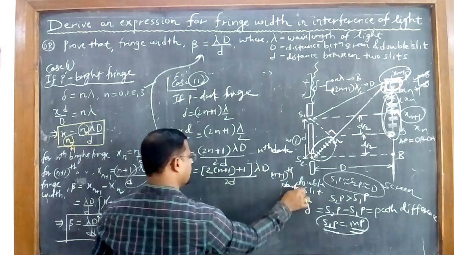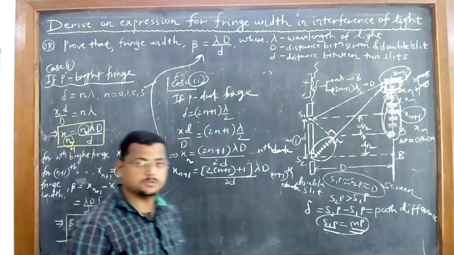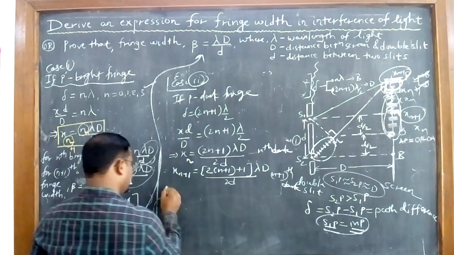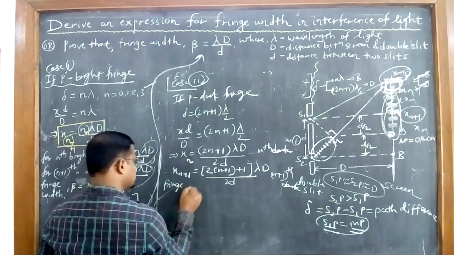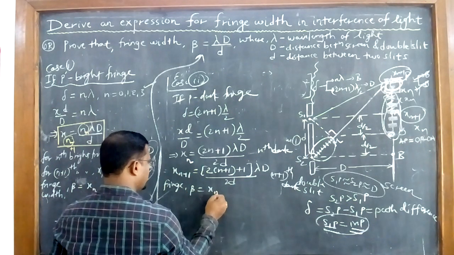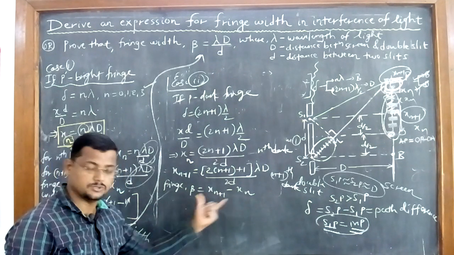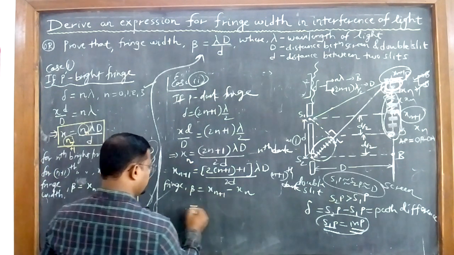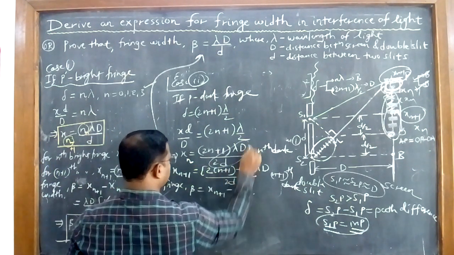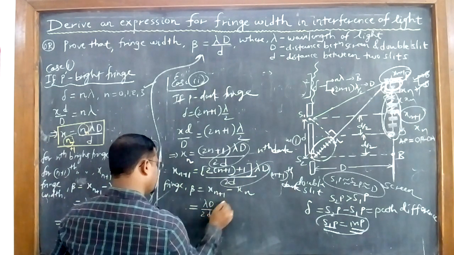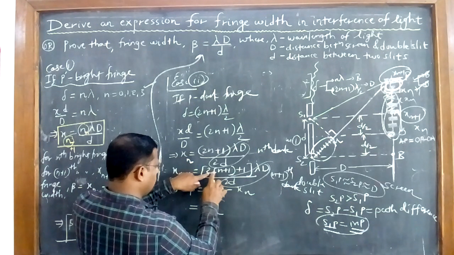And what is the fringe width definition? It is the distance between any two successive bright fringes or any two successive dark fringes. Now this fringe width can be written like this: beta is equal to the distance of the (n+1)th dark fringe minus the nth dark fringe. So these are the successive dark fringes. So this is equal to lambda capital D by 2 small d, which is common, in bracket (2n+1).